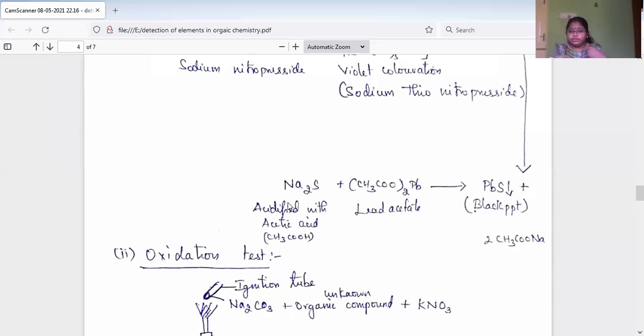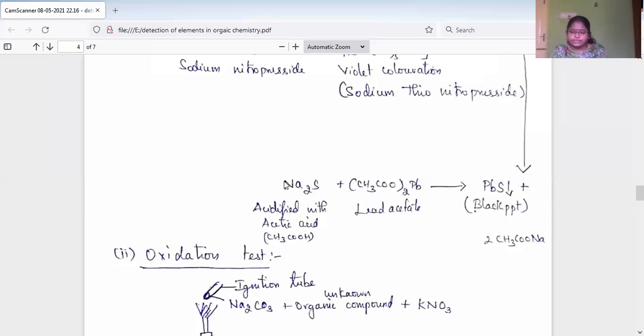Even in the silver nitrate test, we use nitric acid to acidify the compound. Acidification leads to any carbonate present going off as carbon dioxide, so that will not interfere with the result. That is why we acidify it. So acidified with acetic acid.